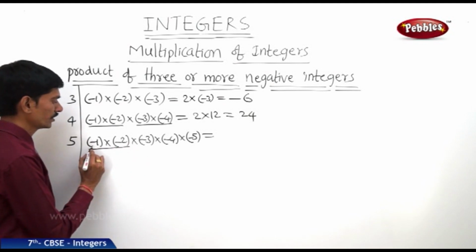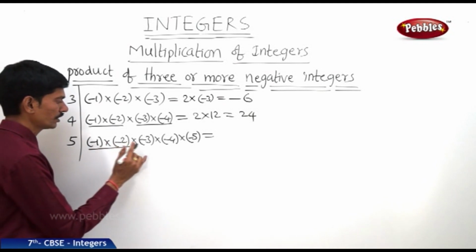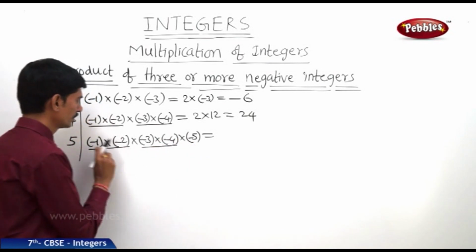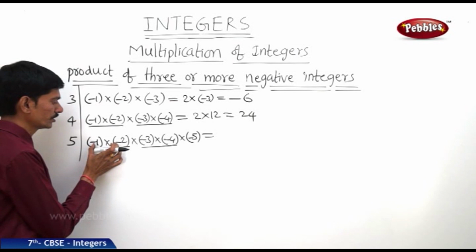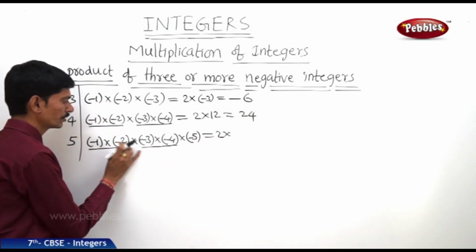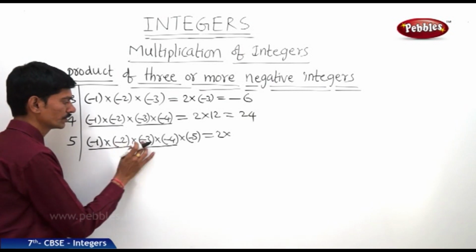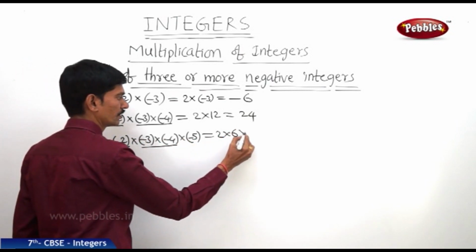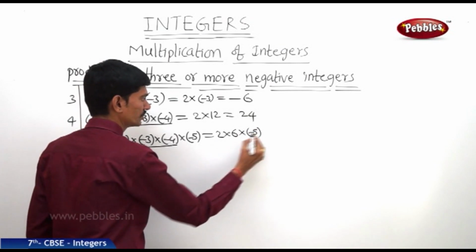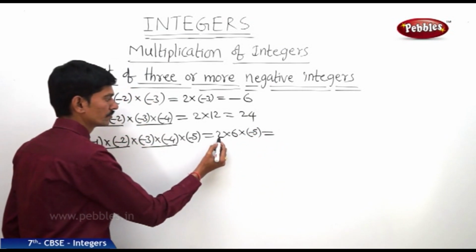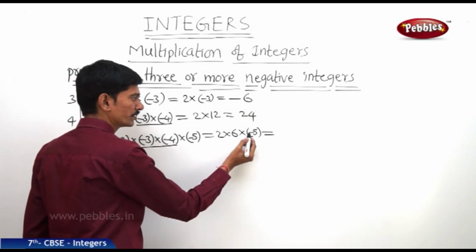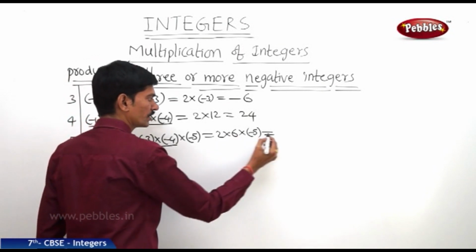First we will multiply the first two negative integers, then the next two negative integers, then the last negative integer. The product of these two negatives is positive, 1 2s are 2, and the product of these two negative integers is positive, and 2 3s are 6, into -5. So this equals 2 6s are 12, and when you multiply 12 with minus, 12 5s are 60.